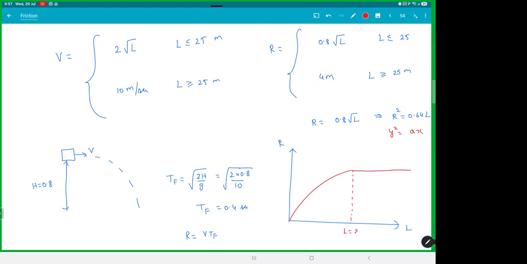This occurs when L is 25 meters, and when the range is 4 meters. That's how the graph looks. Is this making sense, everyone?